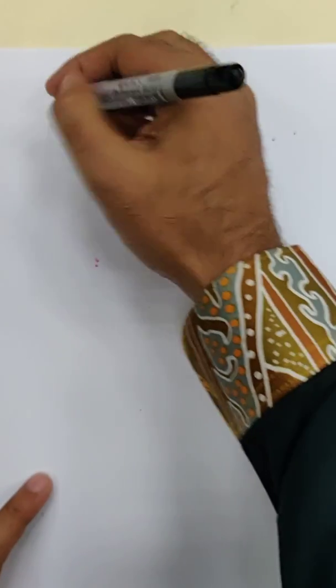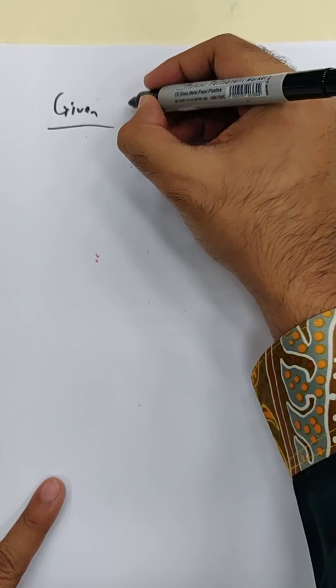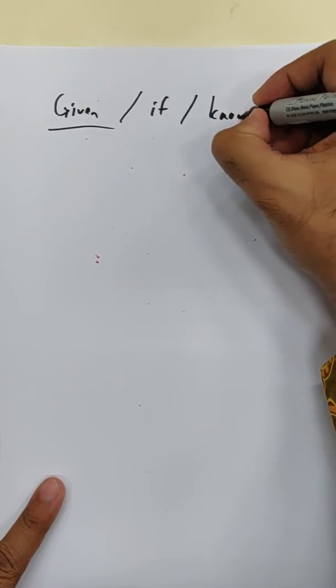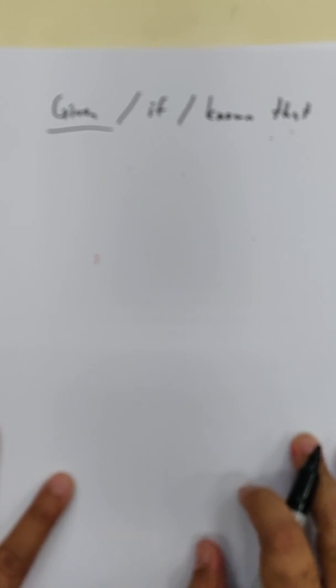Other things you need to know about probability is the given case. It may come out in multiple ways, given, if known that, and so on.